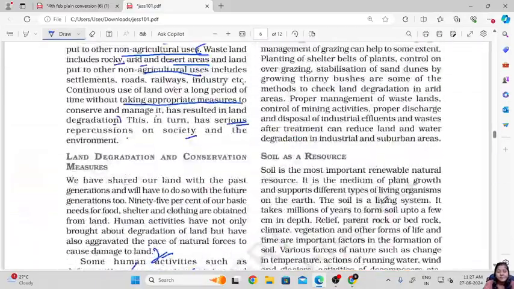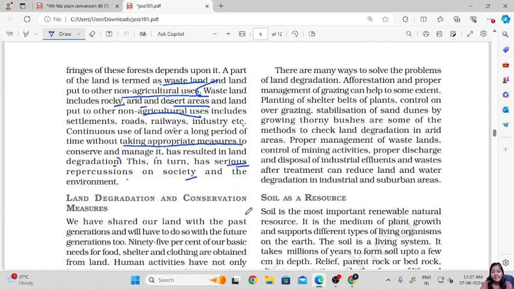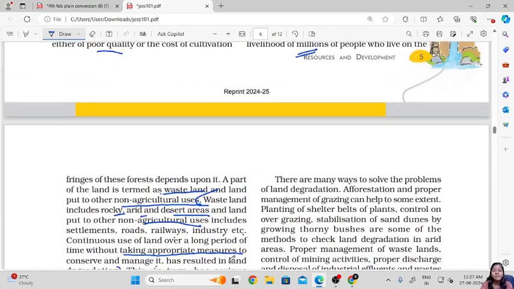Then there are many ways to solve these problems. Problems like land degradation we can solve by doing afforestation or proper management of grazing activities.